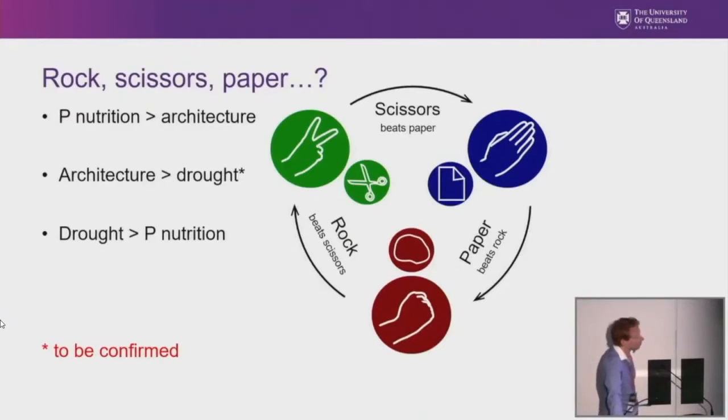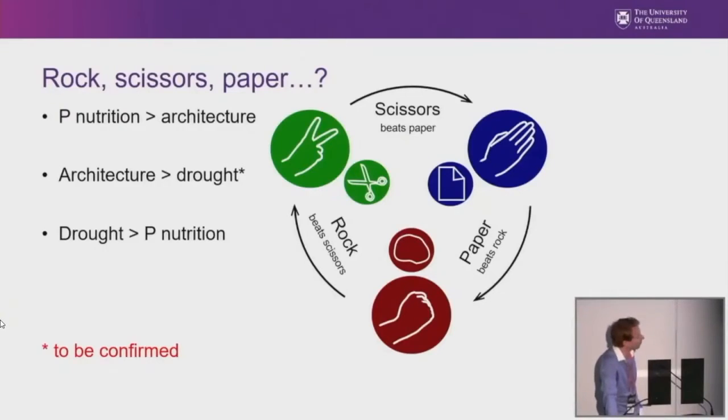So when you have root architecture that might work, or the root architecture might be different in soils, but if there's not enough phosphorus nutrition, then that architecture doesn't really express. So phosphorus nutrition beats architecture. In a similar way, architecture might actually help for drought, which is the theory that is behind all of it.